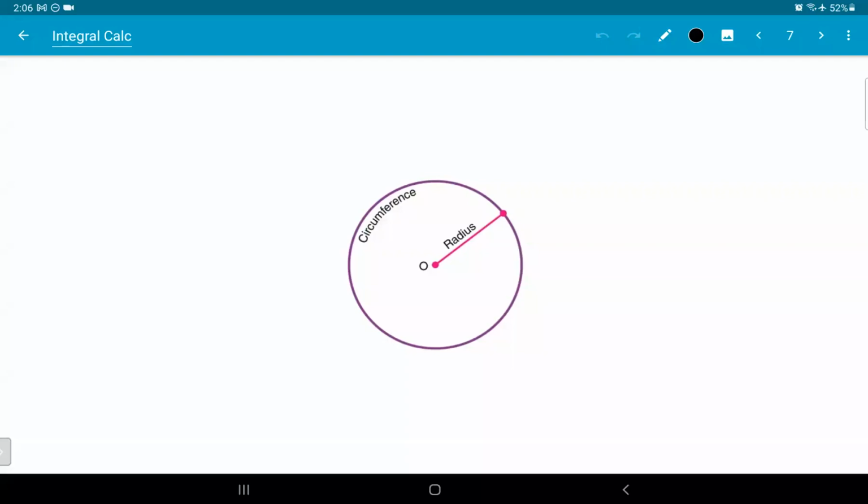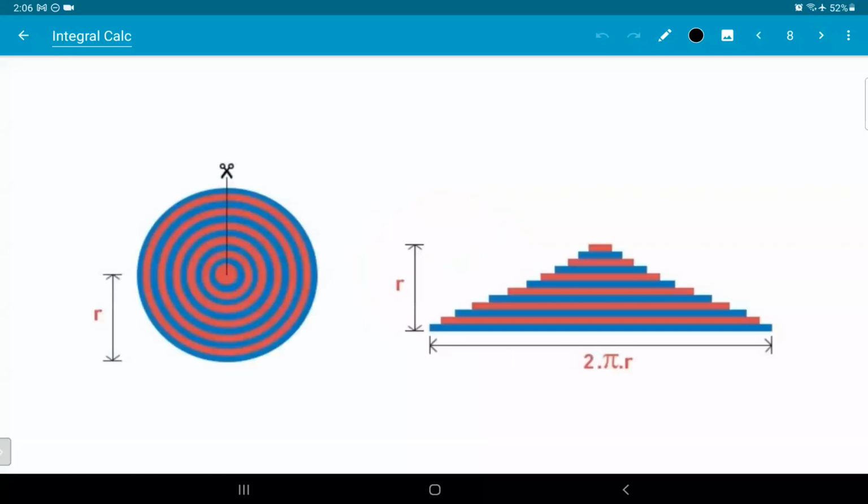Now, some sort of derivation looks like this, where you simply cut the circle into several strips and then align those strips so as to form a triangle. If you look at this circle here with radius r, what you do is cut the circle along this line here and spread it out, or stretch it so as to make it linear.